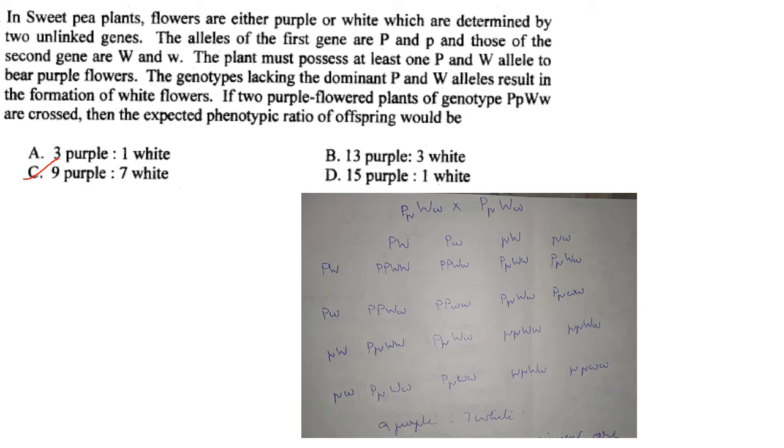So next one. In sweet pea plants, flowers are either purple or white, which are determined by 2 unlinked genes. The alleles of the first gene are capital P and small p, and those of the second gene are capital W and small w. The plant must possess at least one capital P and one capital W allele to bear purple flowers.